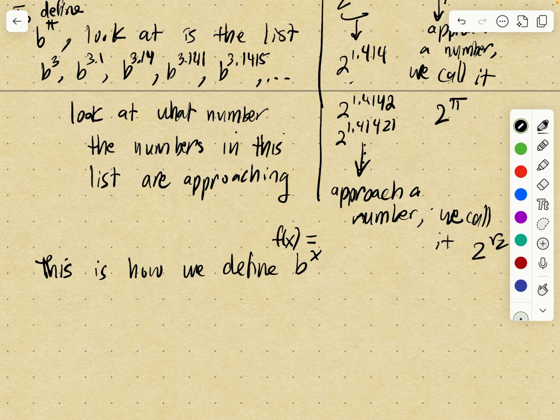Because to define a function, I have to tell you what it does to every single input. Well, I'm trying to define it so that the input is any possible real number. So I have to tell you what it means to do b to any real number. And that's what we talked about in this video.